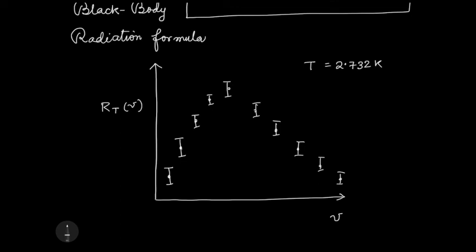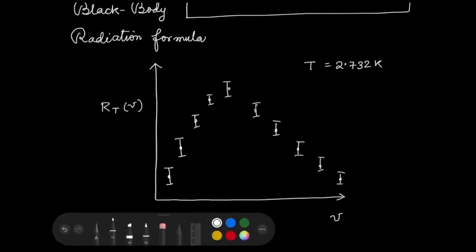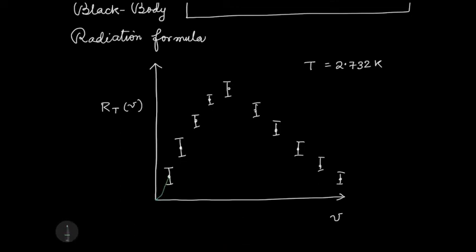And when you are trying to verify a theory like Planck's law, what you have to see is that when you plot Planck's law for 2.732 Kelvin, the temperature of the universe if you wish, the curve goes through all these error bars. If it goes through all these error bars, not just the points, you are happy enough.